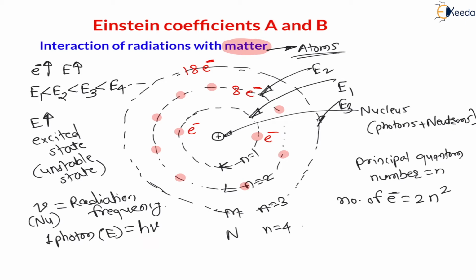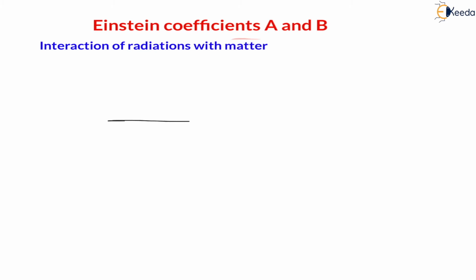Now with the help of E1 and E2, let us say energy levels, I will consider energy level E1 and energy level E2. E2 is more than E1, so I will show it diagrammatically. Let us say here there is an energy E1, and there is an energy E2, and we know that E2 is more than E1, right?